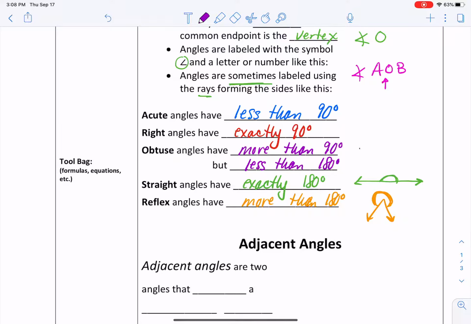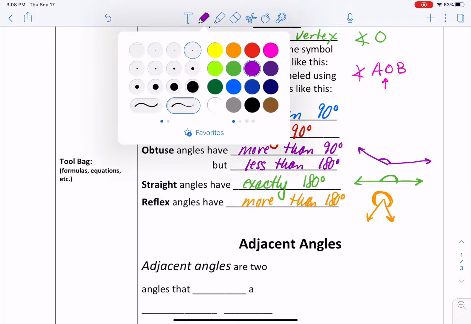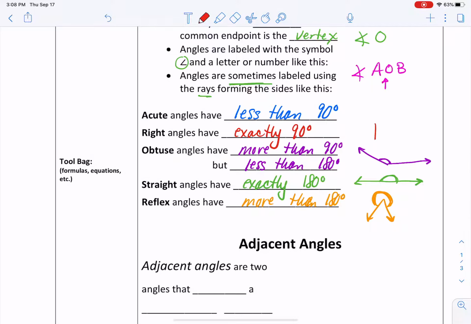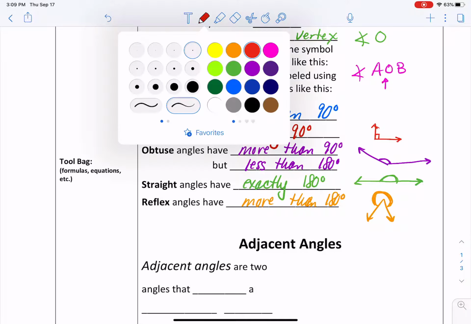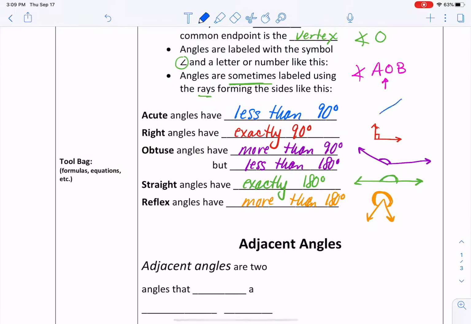Obtuse would be an angle that is more than 90, but less than 180. A right angle is usually depicted by a little square. And an acute angle is an angle that measures less than 90 degrees.